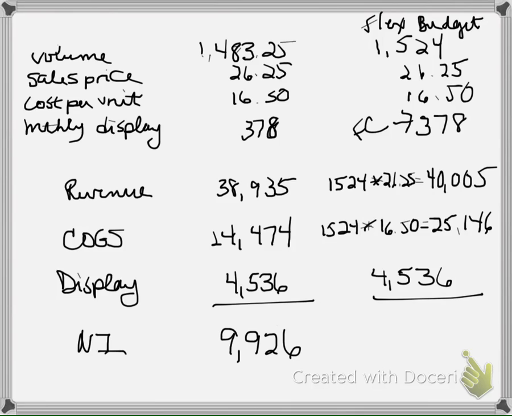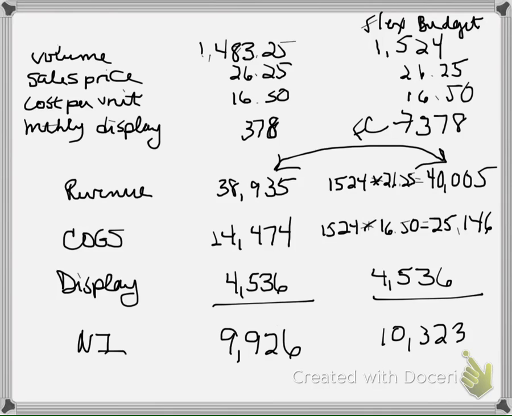So with my flexible budget, changing only the volume of sales at the 1,524 unit level of sales, I would predict a net income of $10,323.